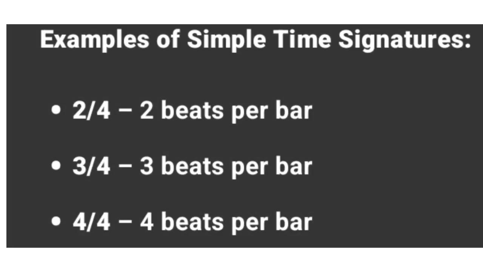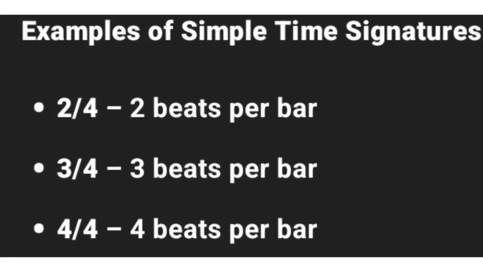Example, we have there, as you can see, 2/4, which means two beats per bar or measure. We have 3/4, which stands for three beats per bar or per measure. Then we have 4/4, which means we have four beats per bar or per measure.